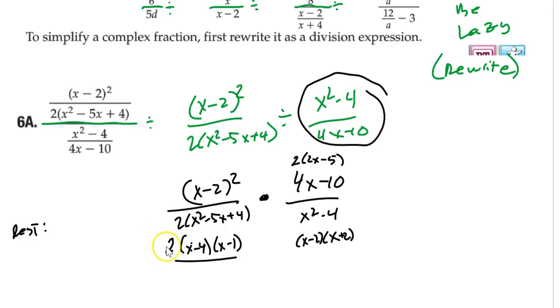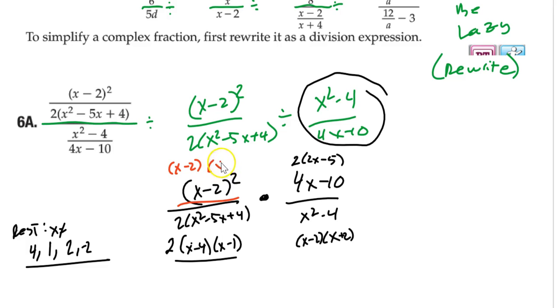I can find my restrictions. It's whatever makes the bottom 0. The 2 doesn't have an x, so that's nothing. 4, 1, 2, and negative 2. Those are my restrictions from that, and that. Right? Now our favorite part. Let's cancel stuff out. Now remember, this is (x minus 2) squared, so that's like saying (x minus 2)(x minus 2).